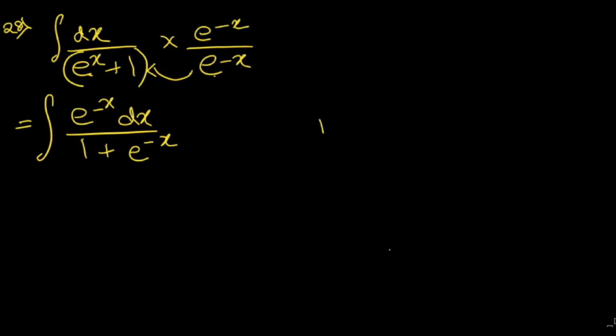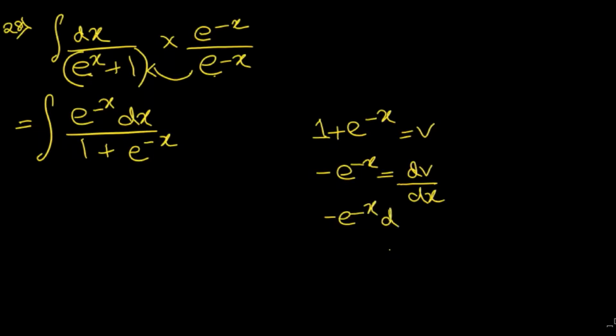So if we take 1 plus e to the power minus x as v, and then we differentiate both sides, differentiation of the constant 1 gives obviously 0, and e to the power minus x gives minus e to the power minus x, so minus e to the power minus x dx gives dv.